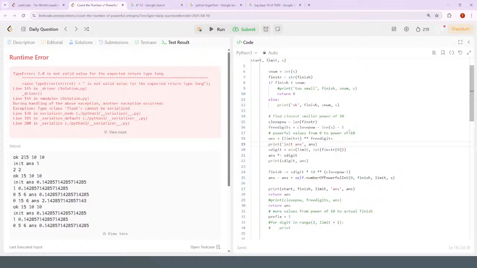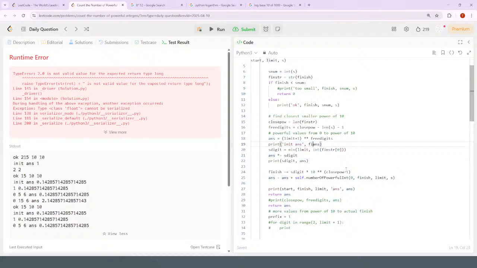So how did this go bad? Closest power minus the length minus 1. I guess that ended up being -1. So you have 215. So let's go and print everything here.